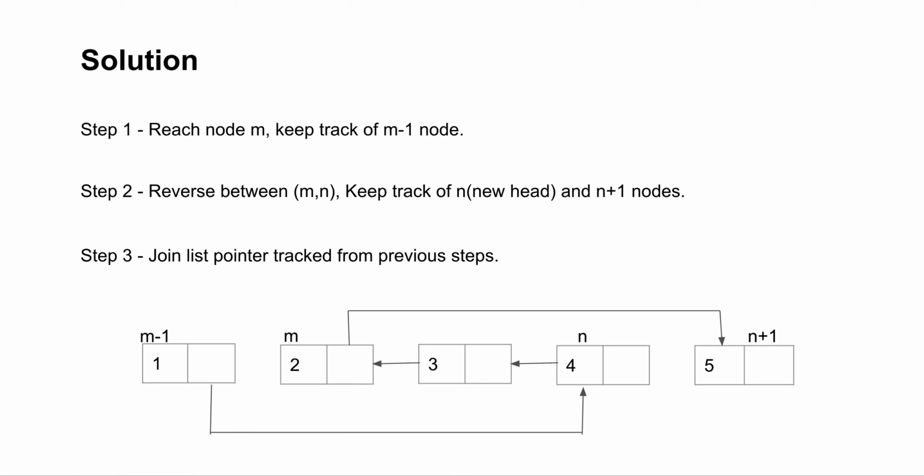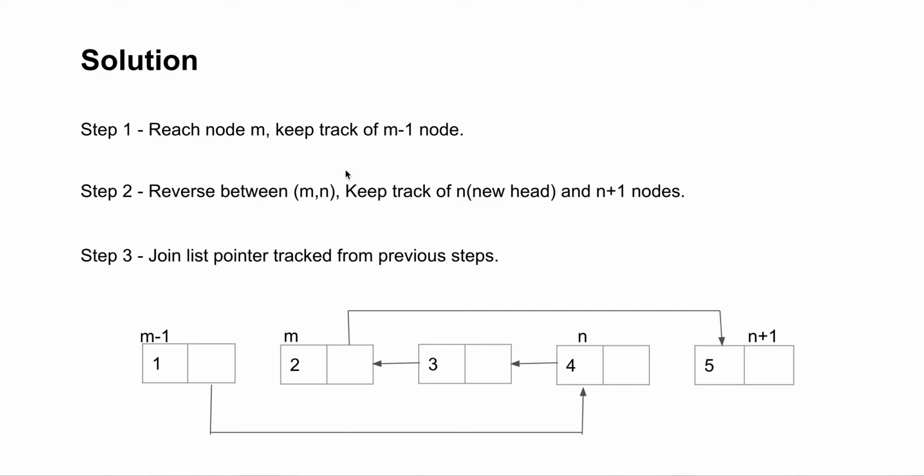Let's now discuss the approach to solve this problem. I have divided this approach into three steps. In the first step we'll reach the M node. Remember, we have to reverse the portion of the list starting at position M and ending at position N. So in the first step we'll reach node M, but we also need to keep track of the M minus 1 node.